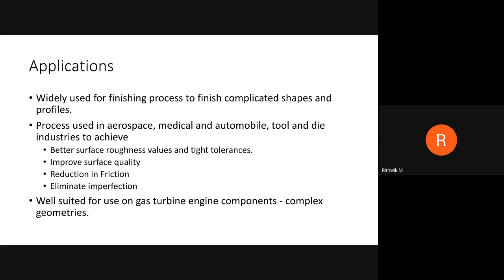As you have seen, many areas which were difficult to machine, like complex structures or interior surfaces, slots, drilled holes, etc., everywhere we can use abrasive flow machining. It is mainly used for finishing operations, and not much for machining operations, to finish complicated shapes and profiles.